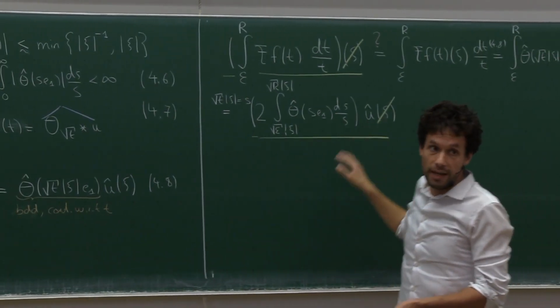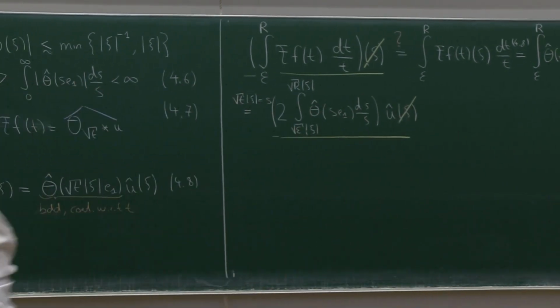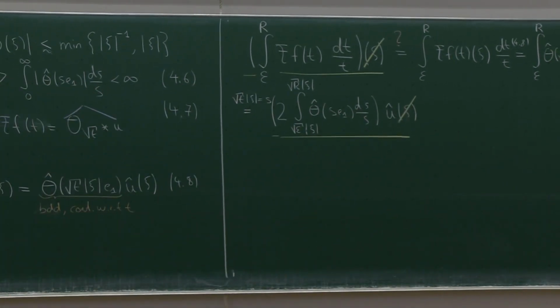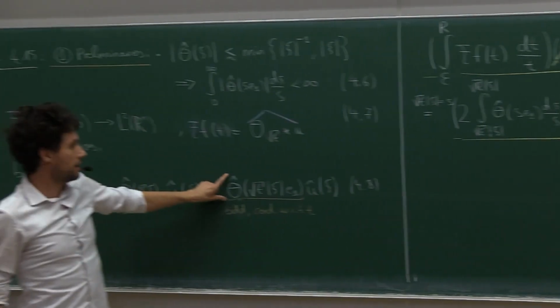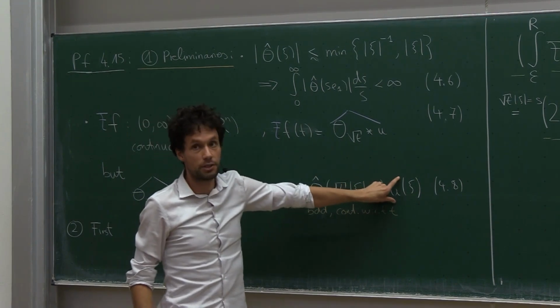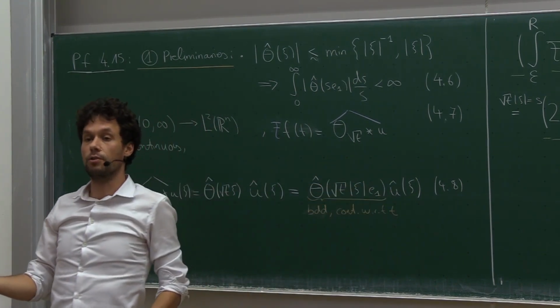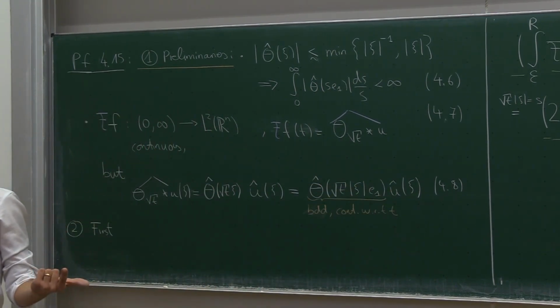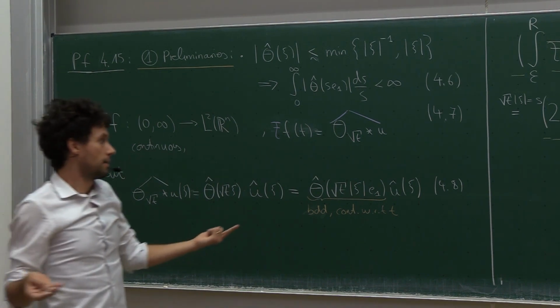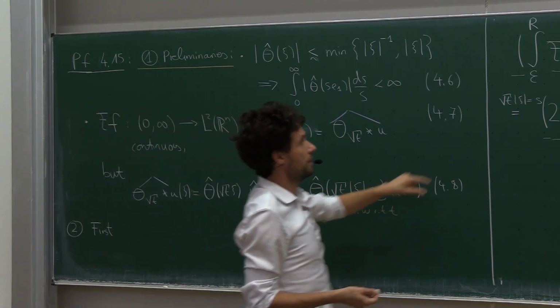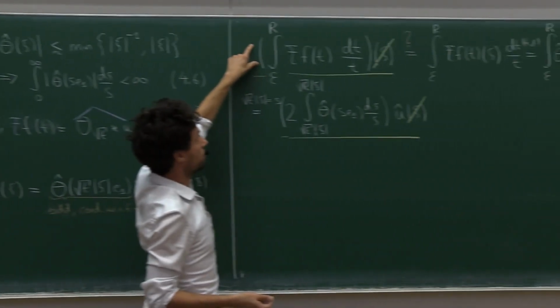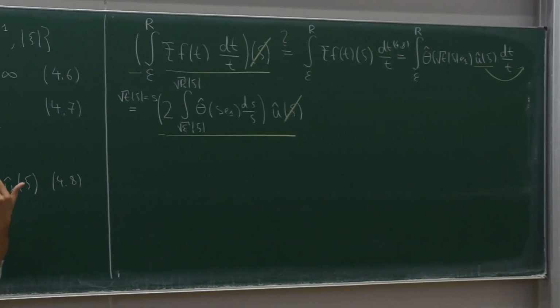And this is u hat. Well, this obviously depends continuously with respect to the L2 norm on u hat. And at the same time, if you look at this function, this expression also depends continuously on u hat if you measure u hat in L2. And so if you have continuous dependence on u hat for this, you can use dominated convergence, and you get that this expression as well depends continuously on u hat.